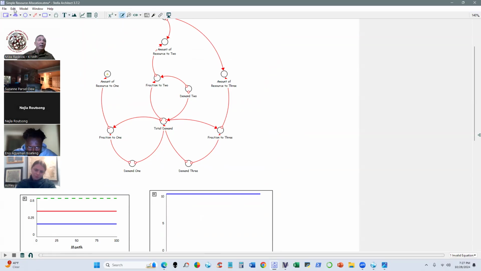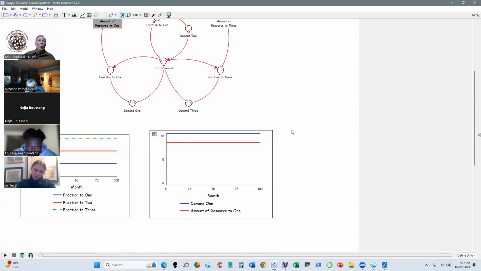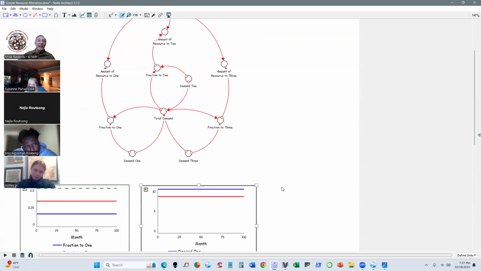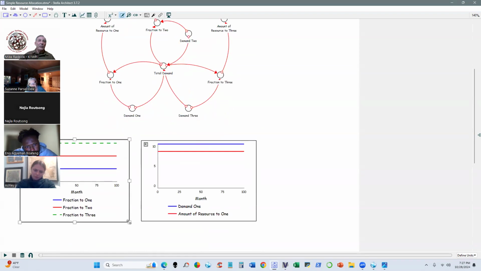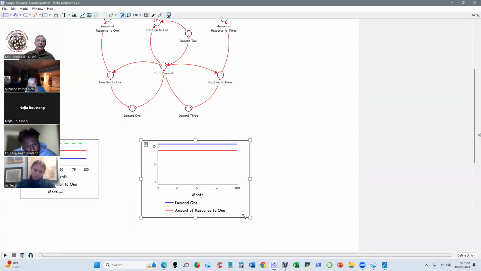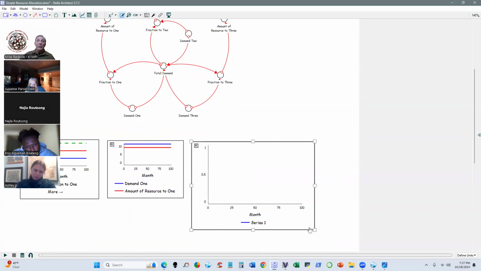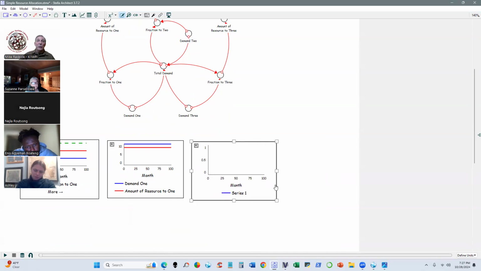Yep. Undo that. Okay, so 1 is not getting everything 1 wants, right? And you could similarly do that, right? These don't have to be this big. Sorry. You know, similarly, we can say, all right, I want to know what did 2 ask for and what did 2 get.